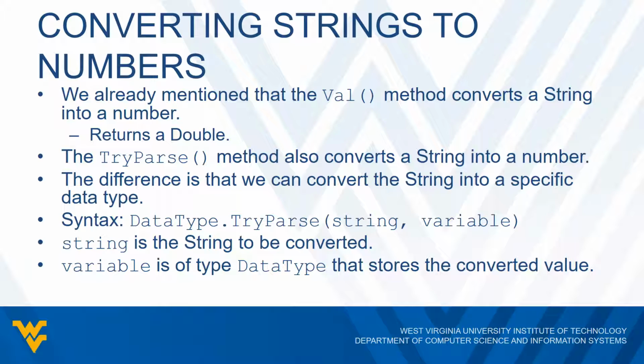One, the data type of that variable is the data type that we convert the string into, and this variable is also going to store that result. So it does two things. It's going to tell the method what we're going to convert the string into, and then it's actually going to store the conversion for us.